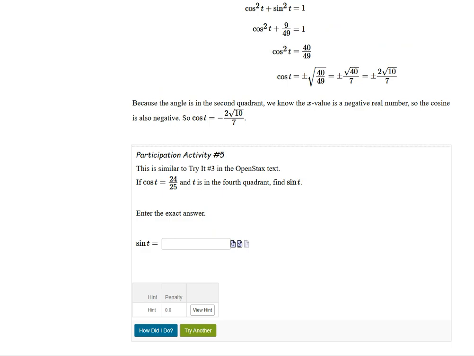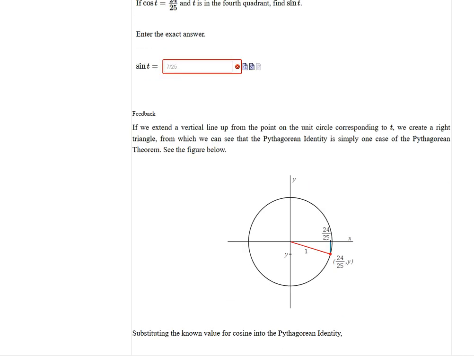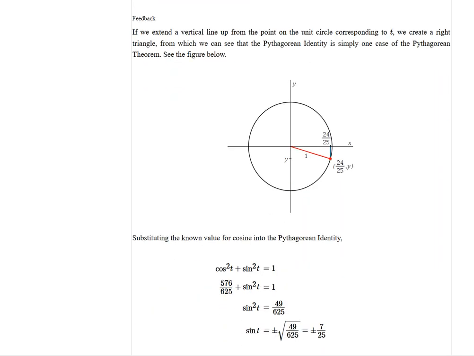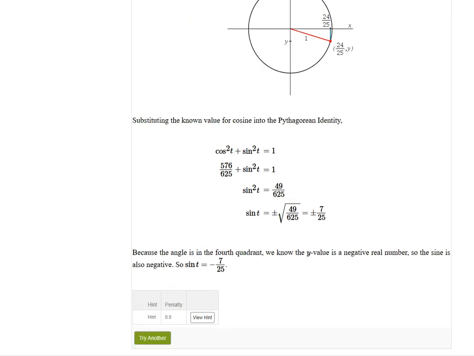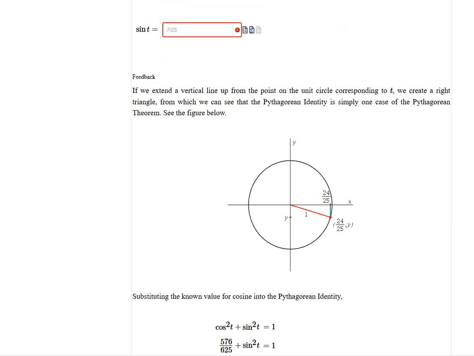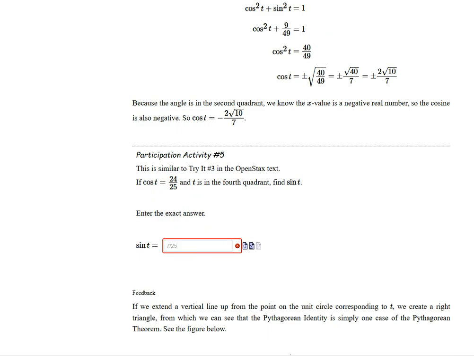It just says find exact answer, so 7/25. What? Did I type it wrong? Oh, sorry, we're in quadrant 4. I kind of forgot about a very important thing. Sorry.